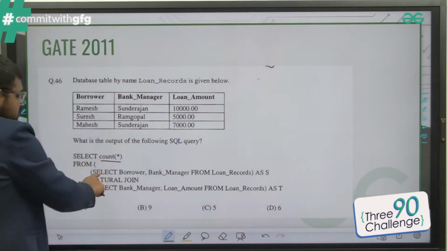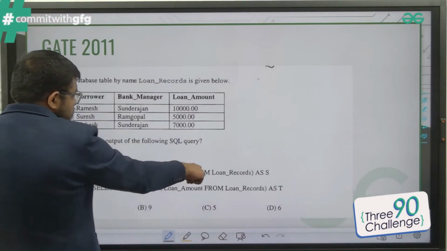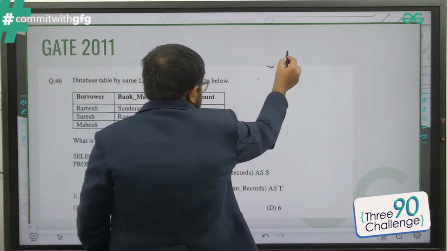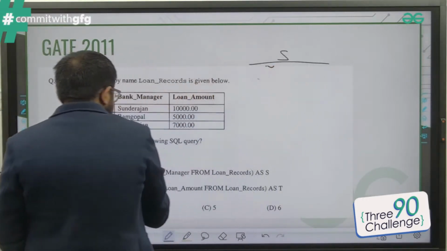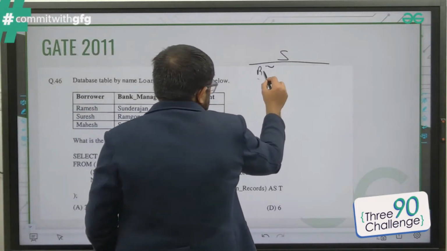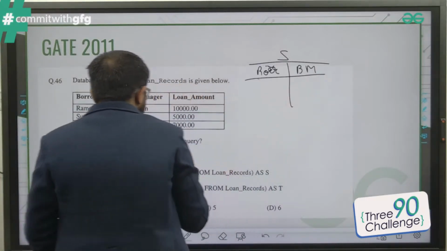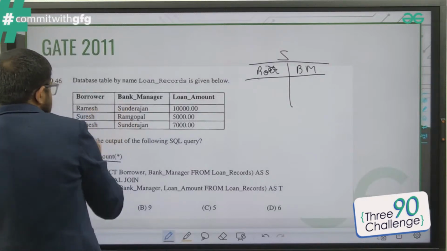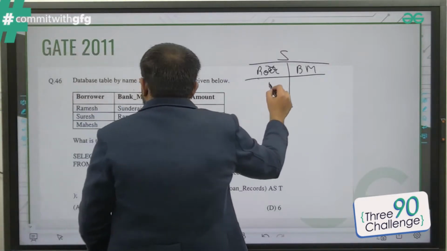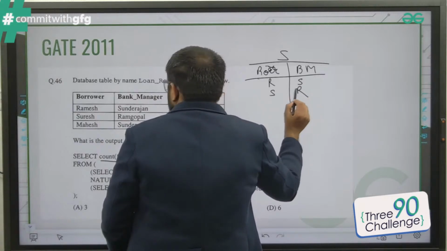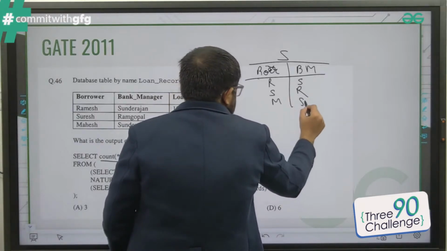Here they say select borrower and bank manager from this loan records as S. So they have renamed the table as S, and from that they have taken borrower and bank manager. So what will be the values that they will get? Ramesh and Sundararajan, Suresh and Ram Gopal, Mahesh and Sundararajan.